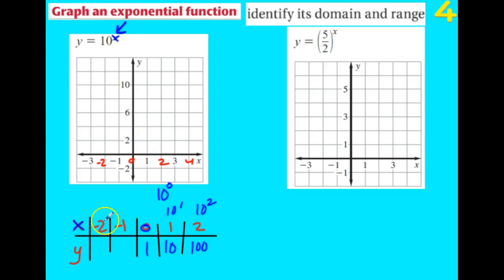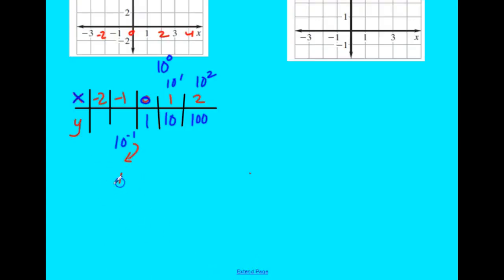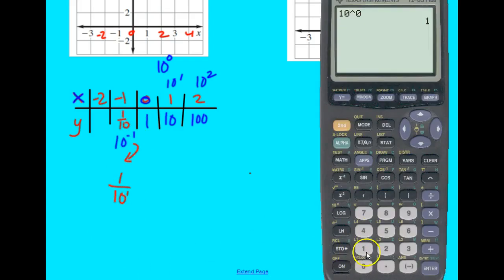And then I need to go the other direction as well. We would have 10 to the power of -1, which really means you're going to move it to the bottom of our fraction, which you could just say is 1 over 10 to the power of 1, or 1/10. If you plug that in your calculator, 10 to the power of -1, that would give you 0.1.